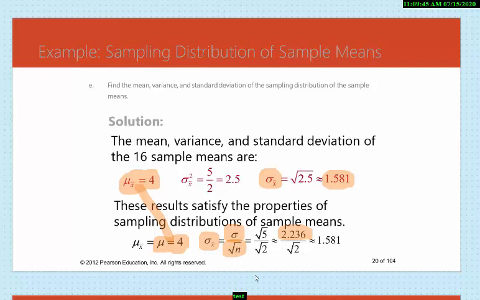That is this. And this is basically a proof of the central limit theorem working. It works, it's true, and it's true for any distribution. That's the beauty of it. This is what we are going to discuss in the next slide.